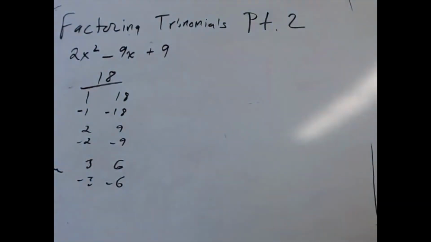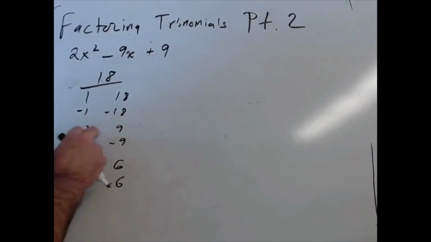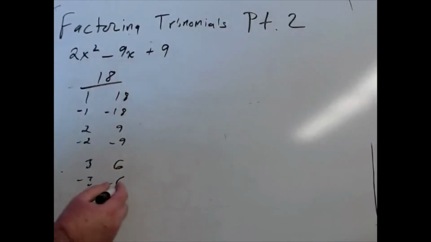Okay. Which pair of numbers here adds up to give me negative 9? So 1 and 18 give me 19. Negative 1 and negative 18 give me negative 19. 2 and 9 give me 11. Negative 11. 3 and 6 give me a positive 9, but I need negative. So that tells me that negative 3 and negative 6 will be the pair of numbers that I want.